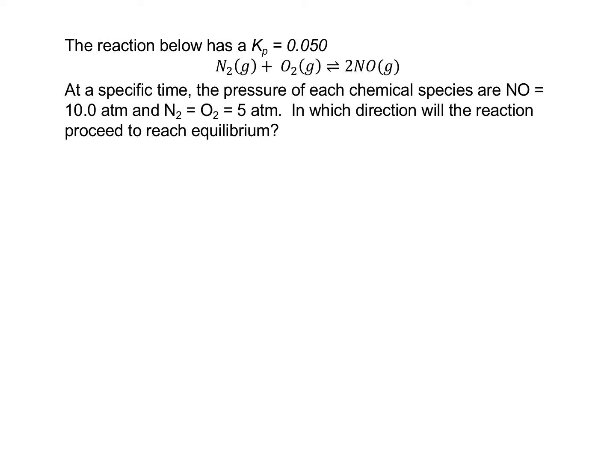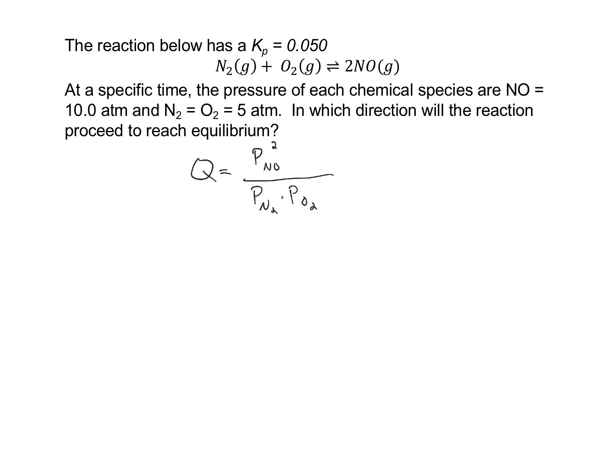When I want to know which direction a reaction is going to go, I need to calculate Q, and then compare that to K. Because we're dealing with pressures, I'll use the notation for partial pressures: the pressure of NO squared divided by the pressure of N2 times the pressure of O2.